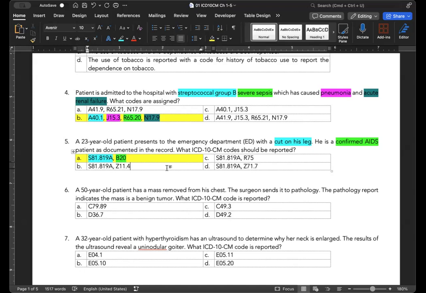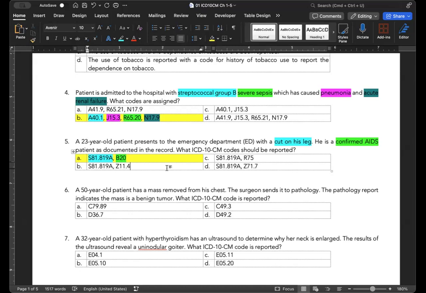Number 6, let's move on. We have a 50-year-old patient who has a mass removed from his chest. The surgeon sends it to pathology, and the pathology report indicates that it is a benign tumor. So where should we look this up? Mass?